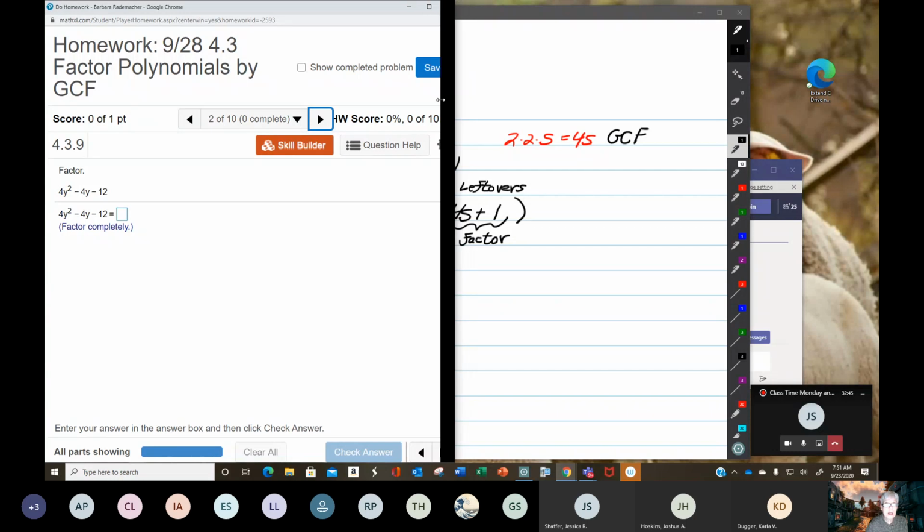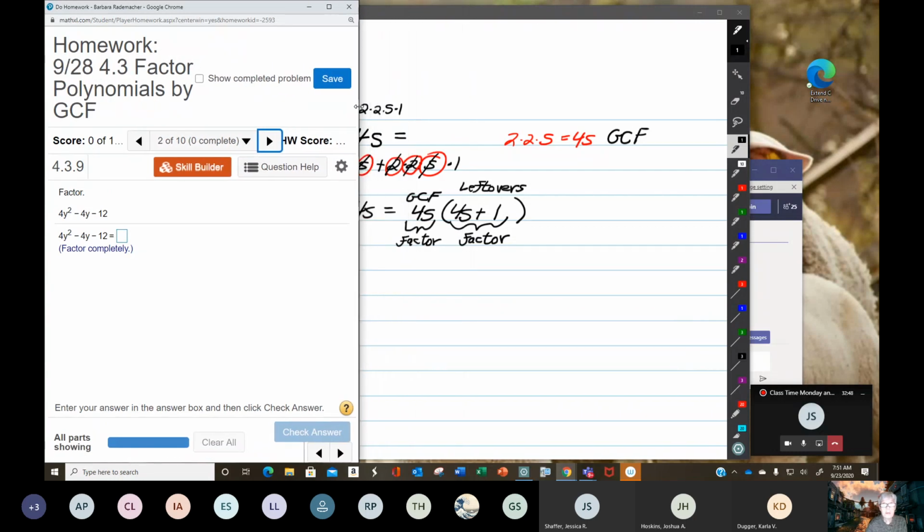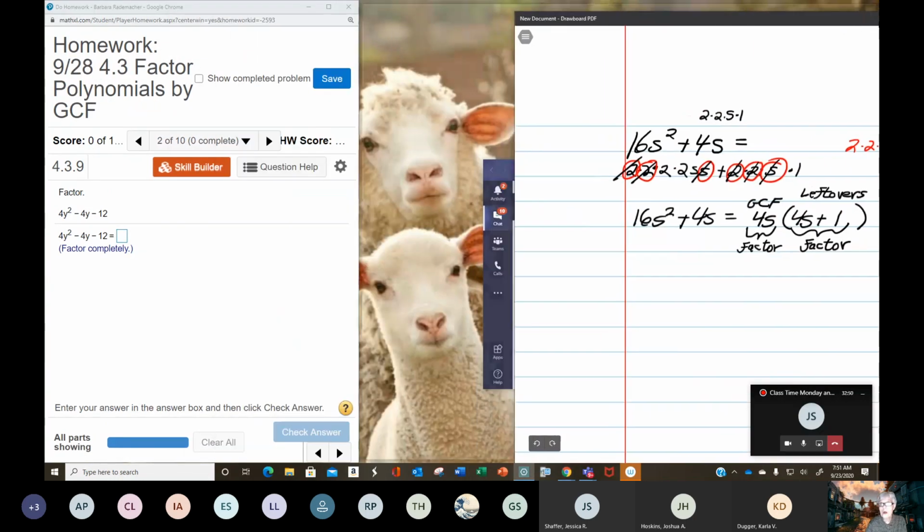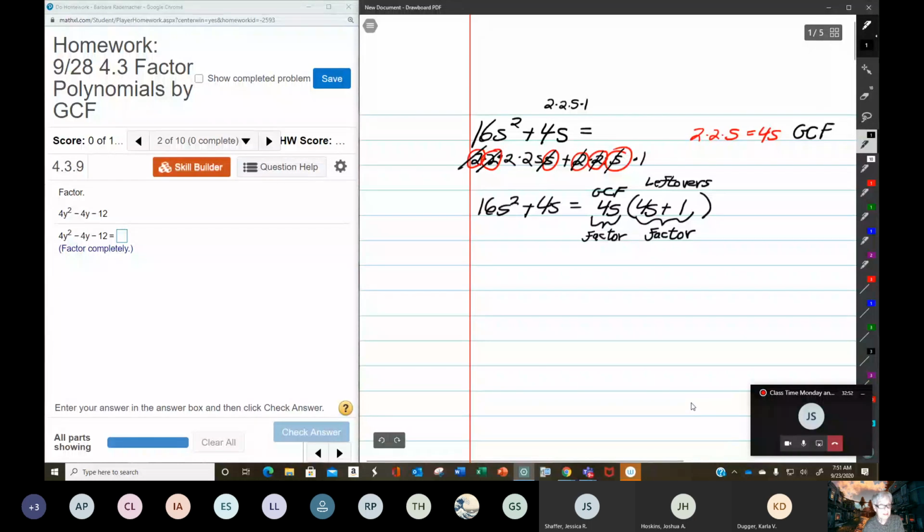Okay, here is a quadratic trinomial, the thing that we're going to be working with more than anything else. 4y squared minus 4y minus 12.